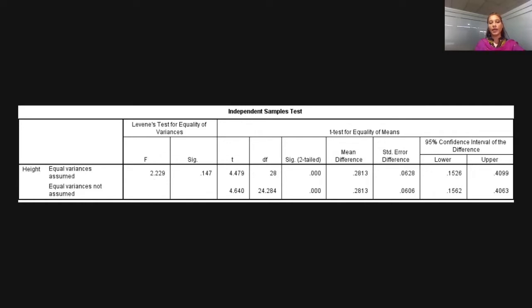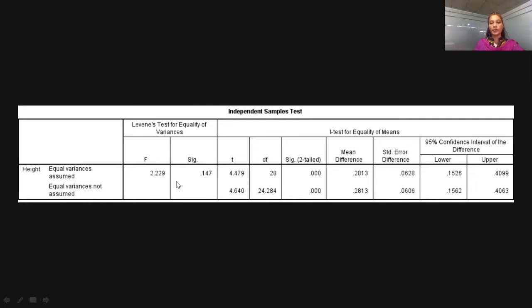When the Levene's test significant value is less than 0.05, we assume that equal variance does not exist between the two groups, that is male and female. But here the significant value is greater than 0.05. So we can say that equal variances exist between the two groups of gender, male and female.